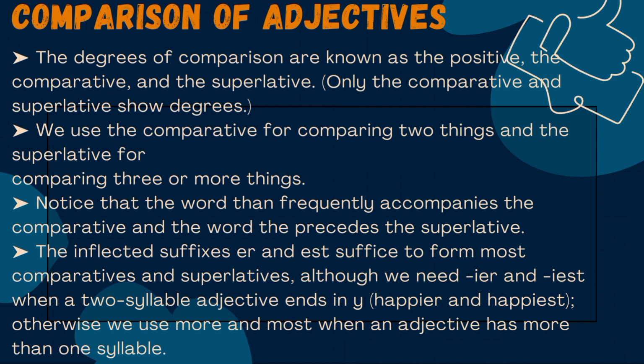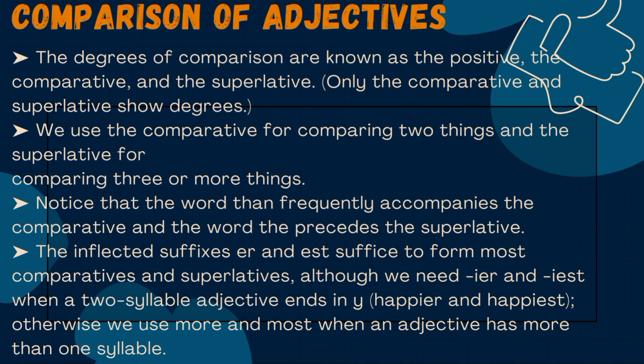And we use the comparative for comparing two things, the superlative for comparing three or more things. Notice that the word that frequently accompanies the comparative and the word this precedes the superlative. And then karamihan daw sa mga pang-uri na gumagamit ng er at est ay para sa comparative at superlative ayon sa pagkabanggit.